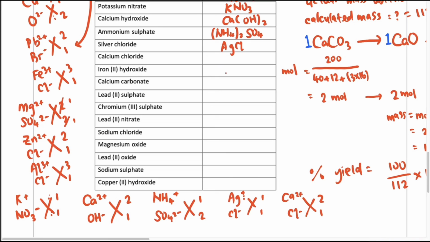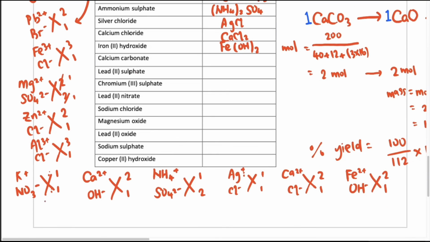So CaCl2. And then iron 2 hydroxide. So iron is Fe2 plus, hydroxide OH minus. 2, 1. Exchange. Fe(OH)2.